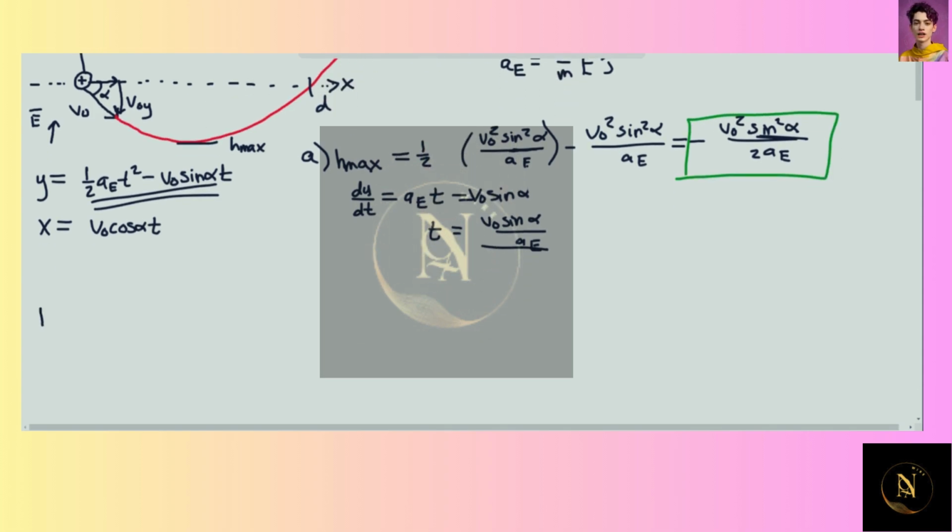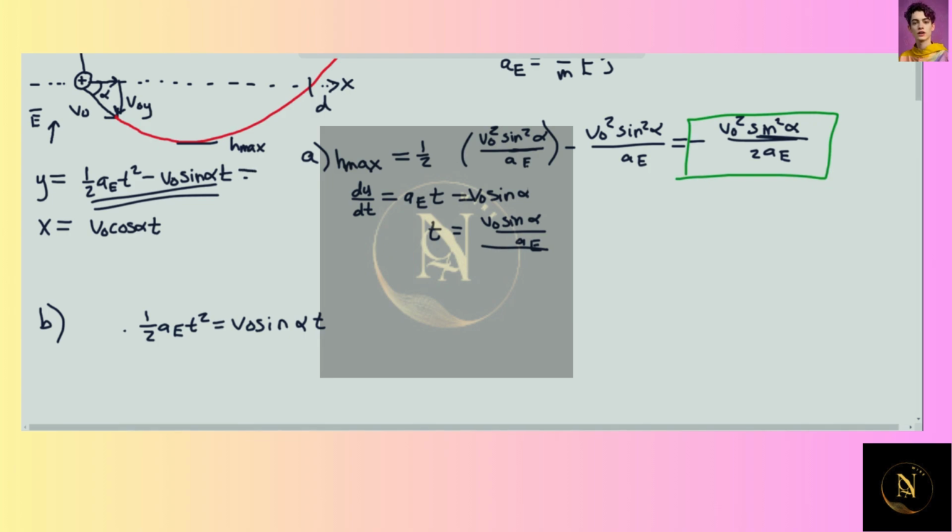So B, we want to know this distance d at which the projectile gets back to its original height. We can do a similar thing above. We want to find the time at which y is equal to 0. So we want to know the time at which 1/2 a sub e t squared is equal to v sub 0 sine of alpha t.